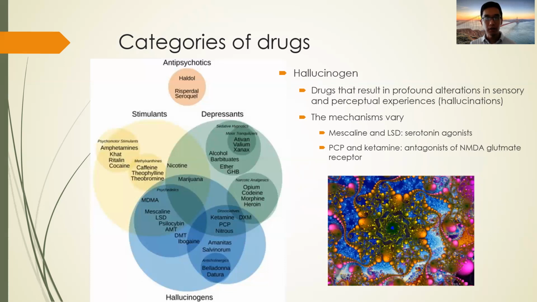Another category of drugs, a third category, is called hallucinogens. Those drugs are categorized here because they can result in hallucination. Hallucinations are phenomena in which people have really severe alterations in their sensory and perceptual experiences.